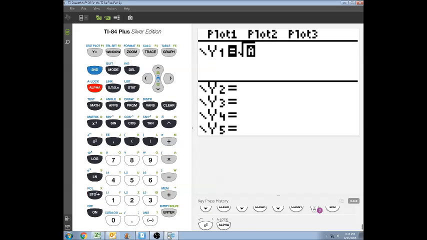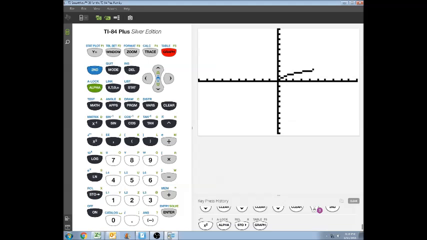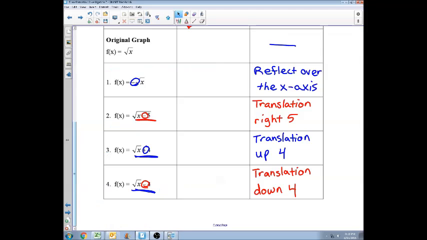Hit alpha, STO, that will give me the x. There is my square root of x. If I graph that, this is what we're going to get. It goes only above the equation, because I cannot have negative numbers inside of my square root. Those are actually considered imaginary numbers.